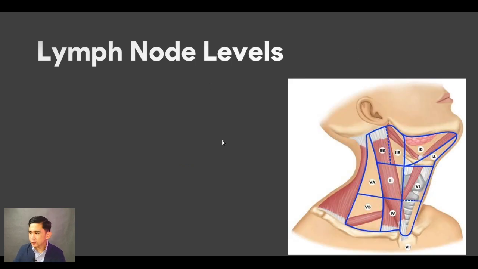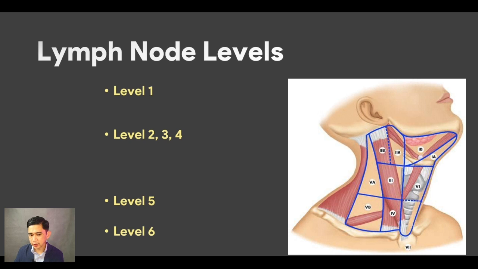The lymph node levels are the following: level 1, level 2, 3, and 4, level 5, level 6. In this diagram, you will see the different levels. It may seem daunting at first, especially to memorize the lymph node levels. But if you take note of our discussions earlier, this may be really simple.